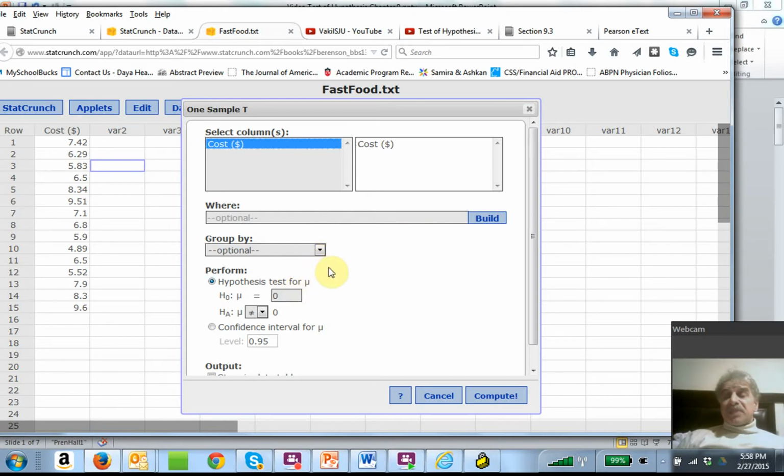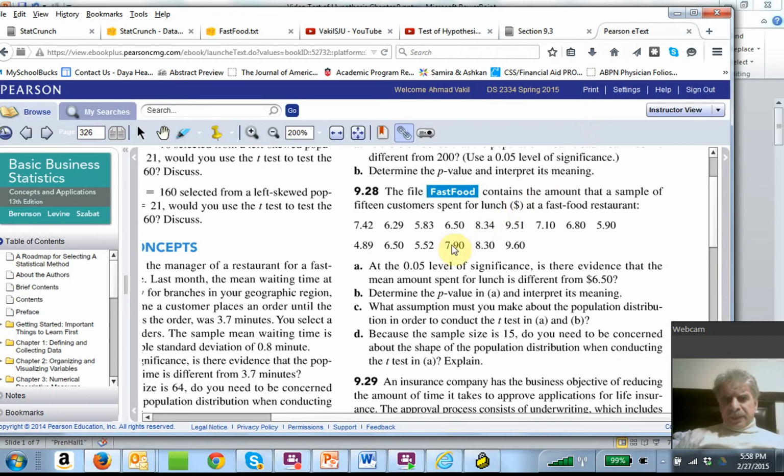Then I have to find out what kind of hypothesis I have. Sometimes it's very confusing to determine which kind of hypothesis you have to perform. I guess the best way to deal with it is to go back to your problem and read it, looking for some keywords.